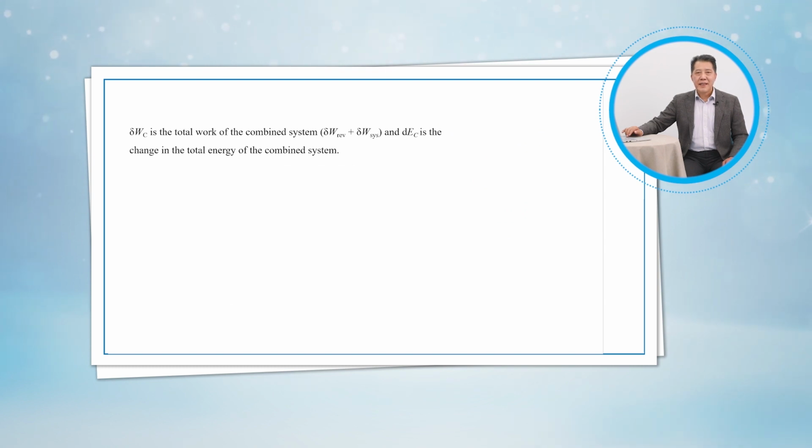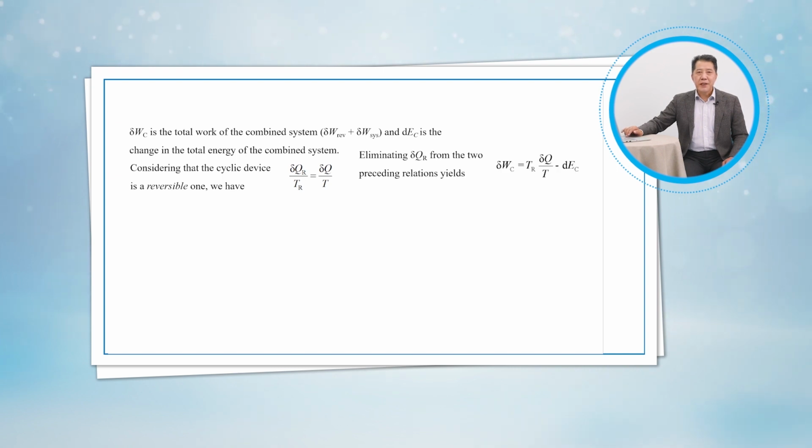Delta WC is the total work of the combined system, and dEC is the change in the total energy of the combined system. Considering that the cyclic device is a reversible one, we have the following. Eliminating delta QR from the two preceding relations yields the result.